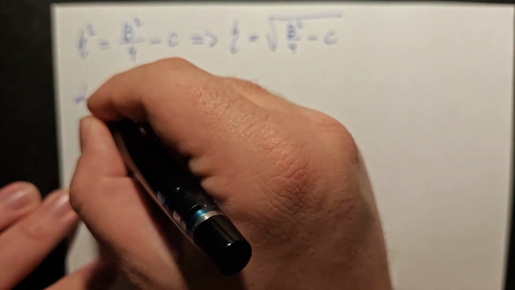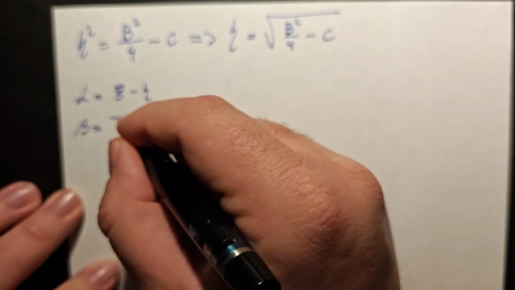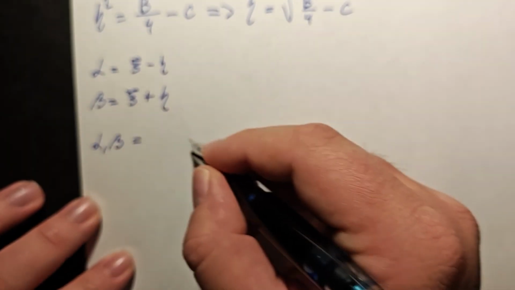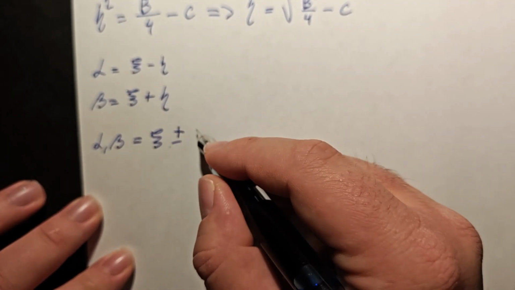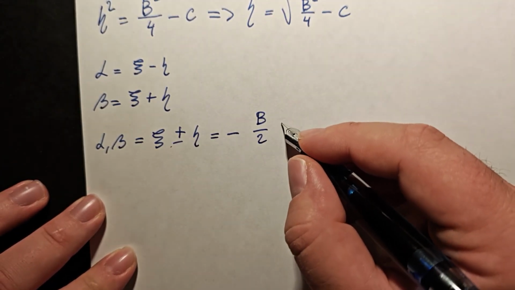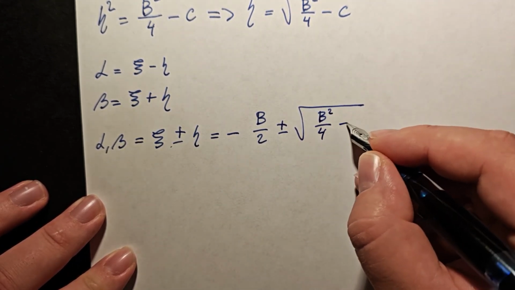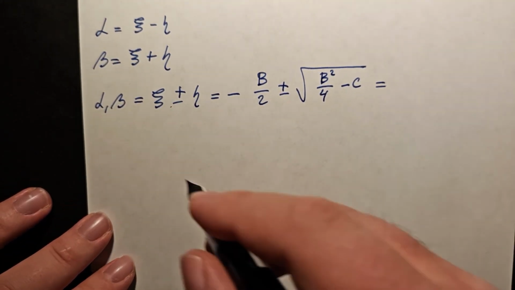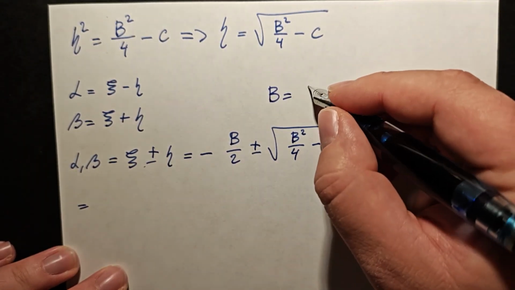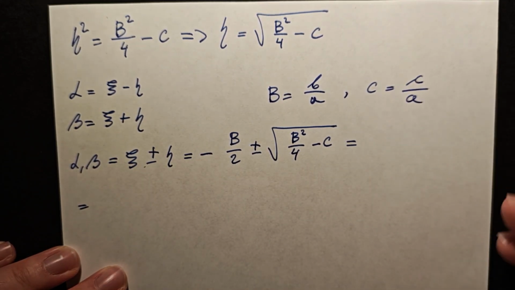So we have that alpha is equal to c minus eta, and that beta is equal to c plus eta. So alpha, beta is going to be c plus or minus eta, and that is going to be negative b over 2 plus or minus the square root of b squared over 4 minus c. So this is then going to be equal to, remember, b was in the substitution b over a, and capital C was c over a.